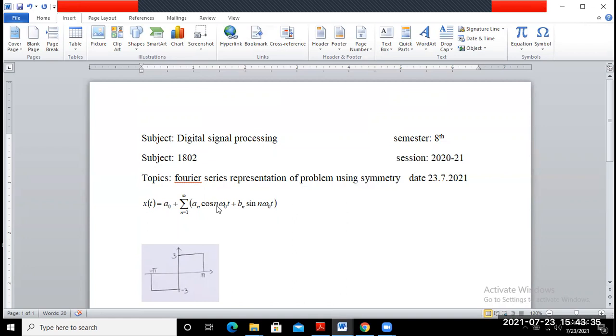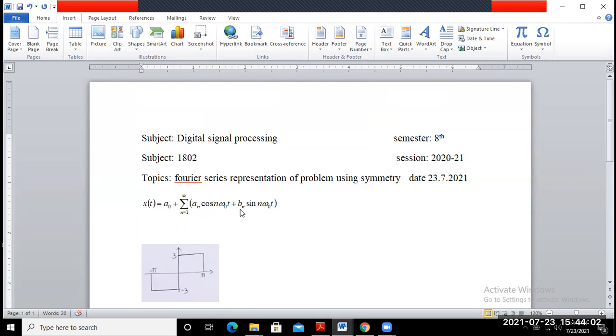If a function follows even symmetry, the cosine terms exist. If any function follows odd symmetry, then all the sine terms are present in the Fourier series representation in trigonometric form. So you are able to analyze any problem in this way.